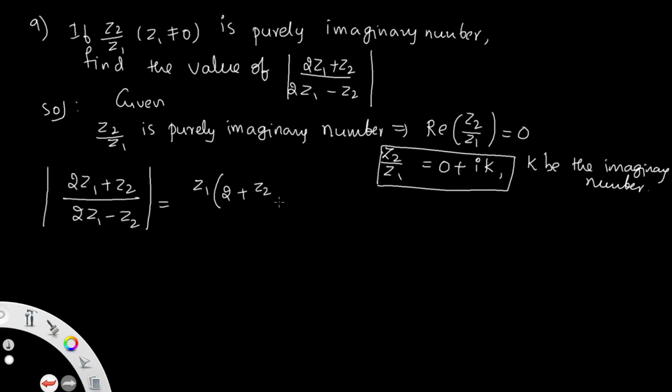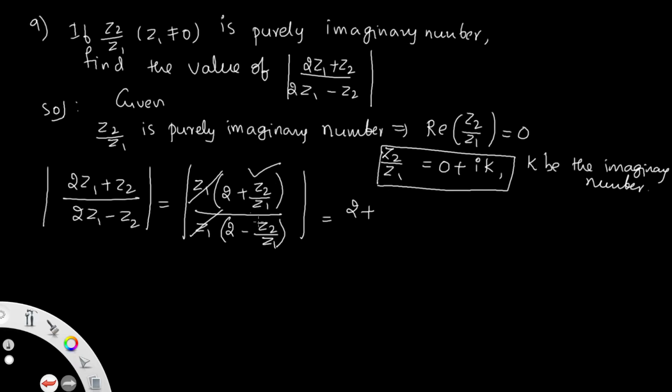In the denominator also I take z1 common: 2 minus z2 by z1, in the modulus. Now z1 will be cancelled. Here z2 by z1 is substituted with 0 plus ik, because z2 by z1 is a purely imaginary number.